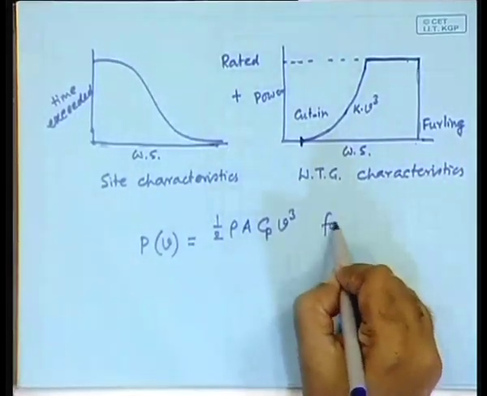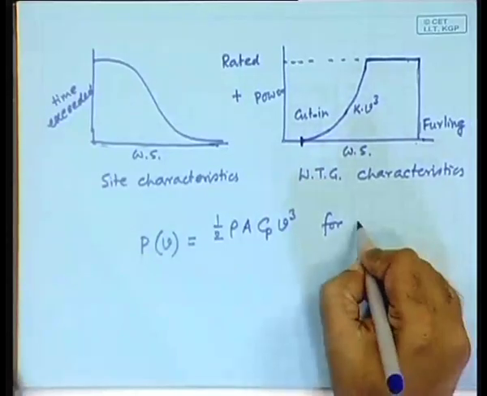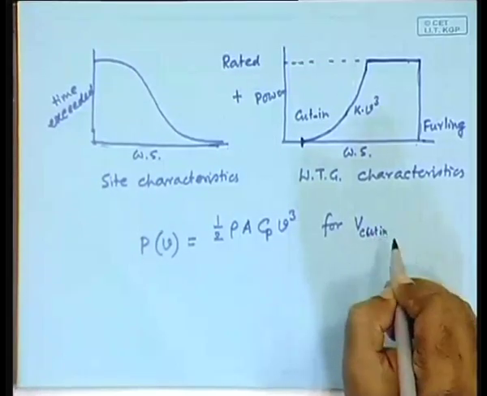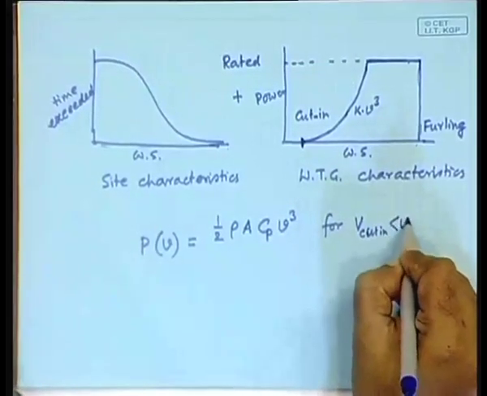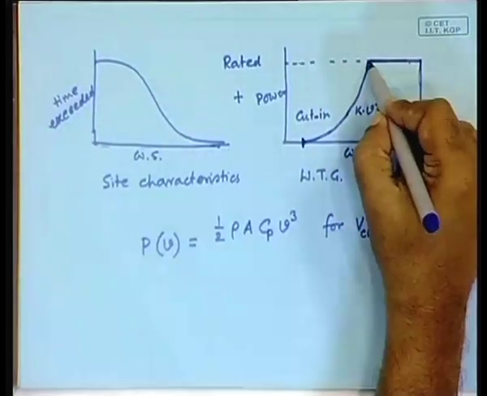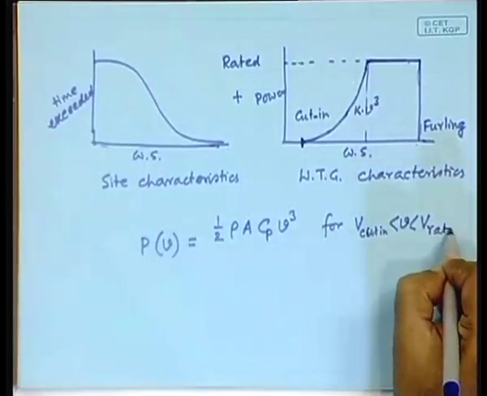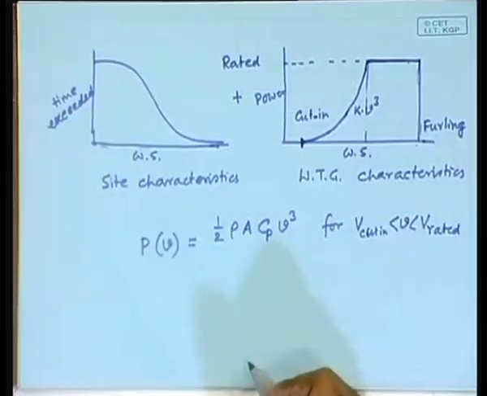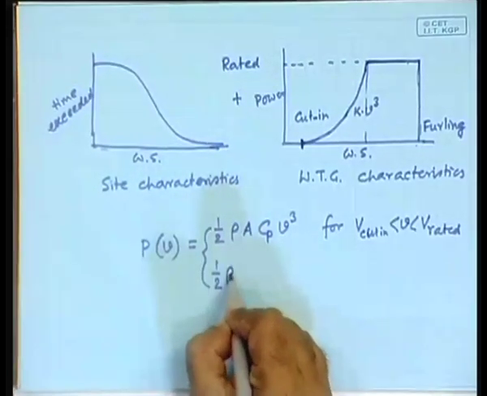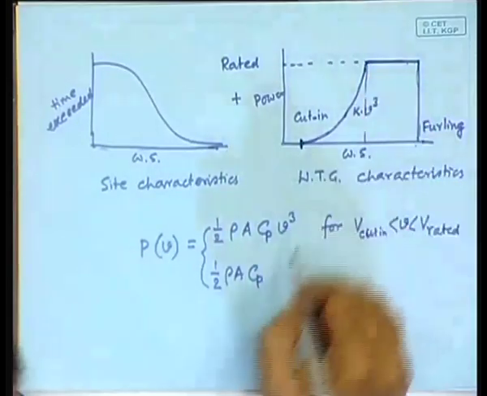This is for which value of wind speed? V cut in? No, not the cutout, rated. And this will be half rho A Cp times V rated cube.